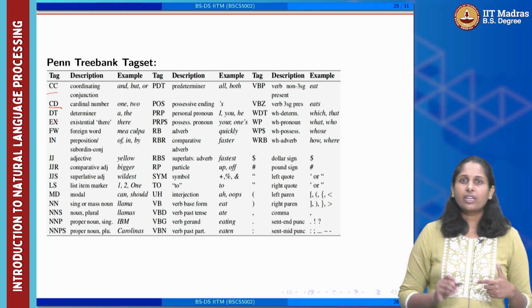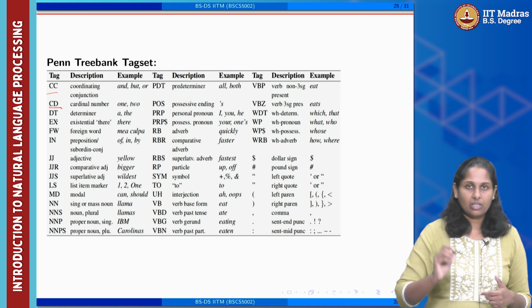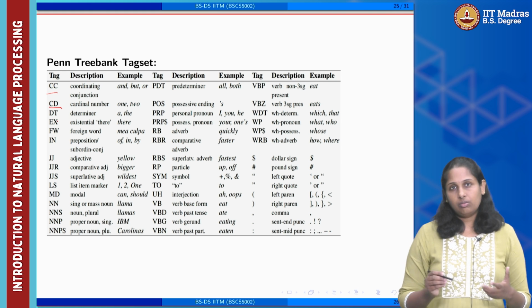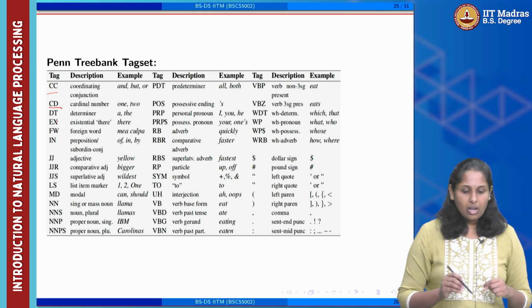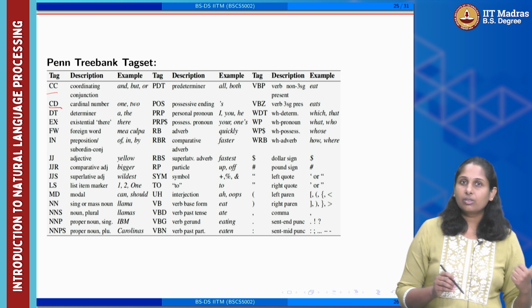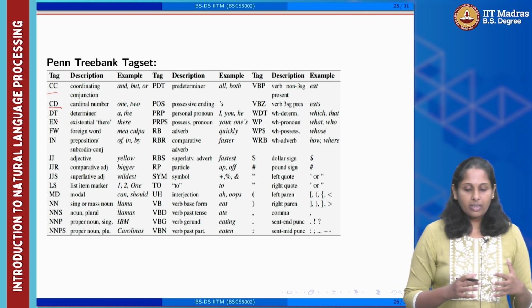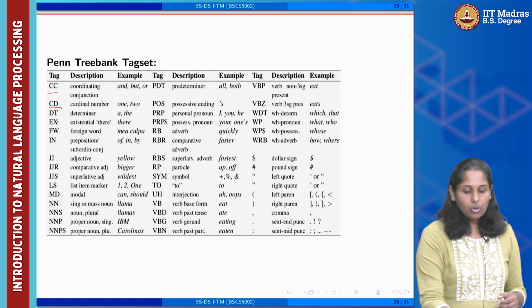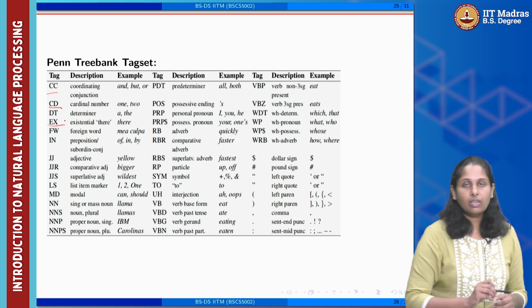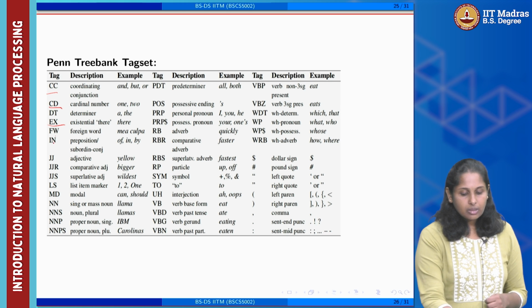In there he comes, you are looking at the location, but when you say there is a book, the location is not so visibly known, but we are talking about the existence of a person or thing. That existential usage is given a category called EX. And foreign words, preposition.